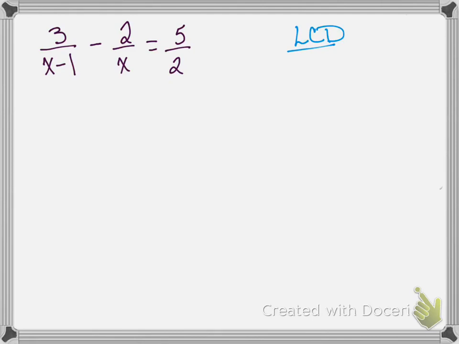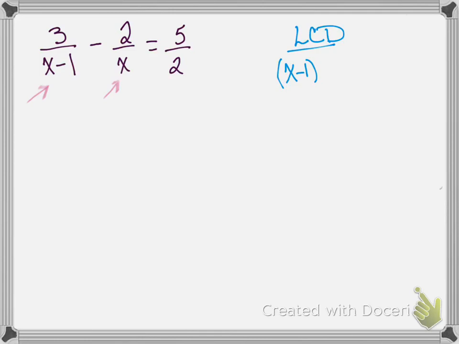So the first thing that I do is I look at this x minus 1, and I write that down, x minus 1. Now I look at this x and I ask myself, is x already represented in the x minus 1? And it isn't. It would have to be x minus 1 times x. Remember, x minus 1 is a factor.